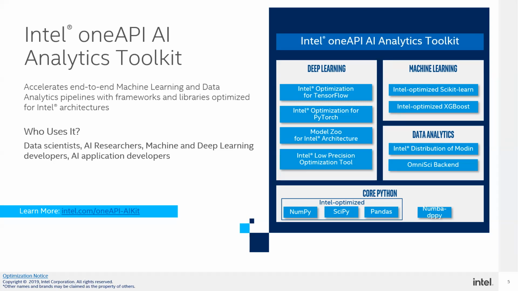In addition, we got the Intel optimized XGBoost, and if you come to the top down, with the Intel distribution of Python, the core Python, we got NumPy that is based on oneMKL under the hood for mathematical computations, and SciPy. These are all optimized for Intel with the Intel distribution of Python. And Numba-dppy is actually the topic we are talking about today, which can access low-level hardware capabilities.